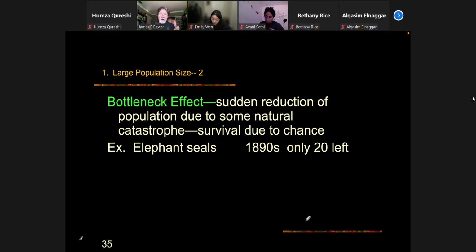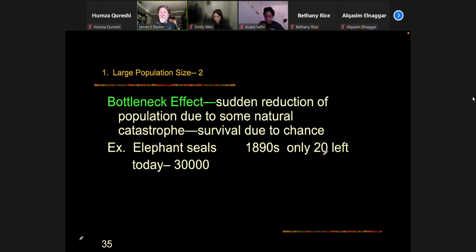This is a bottleneck because originally this population was well over 1 million individuals or so. Today, and this is an old number, probably from 10 years ago, the population was about 30,000. It's probably much larger now because the population has been growing. But nonetheless, all of these northern elephant seals are descendants of only 20 individuals.